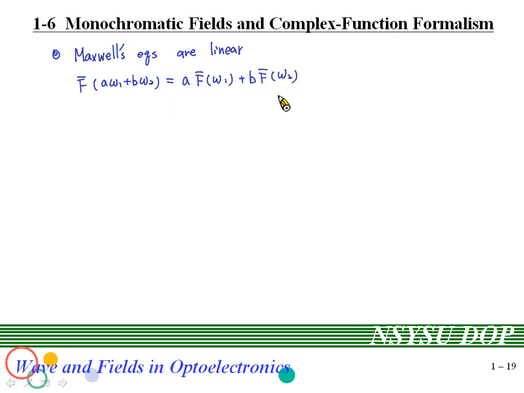This condition means that even though the input has two frequencies, you don't have to deal with the combined frequency together. You can just deal with a single frequency. If you know how to deal with single frequencies omega 1 and omega 2, the total result of the combined input is the summation of each frequency.